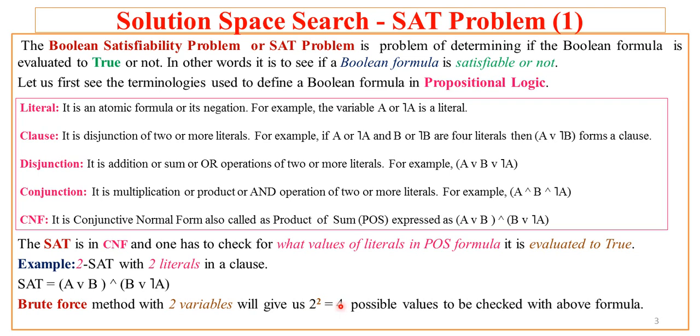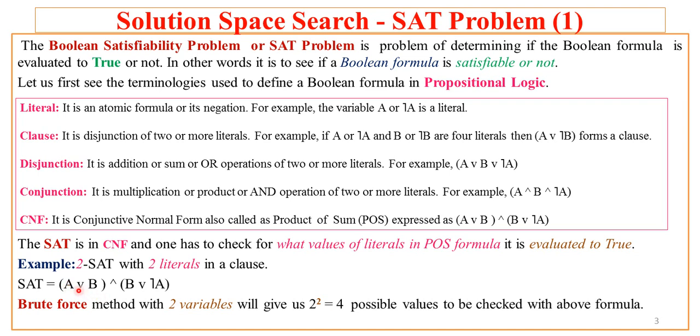two variables. For example, we can have a as true or a as false. We can have b as true and b as false. And if we try to combine this, suppose I have a0, b0, then with a0 and b0 I will try to evaluate this formula. Here 0 means false, and 1 means true.